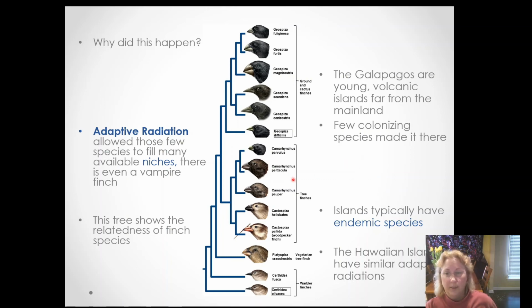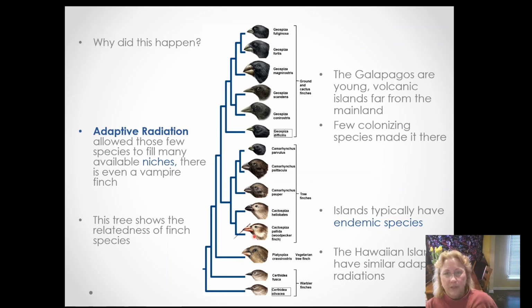So what we call this, when we have a few or even one colonizing species that radiates into many species, that's called an adaptive radiation, because there are open ecological niches and no animals filling those niches like large seed-eating birds or grub-eating specialists.